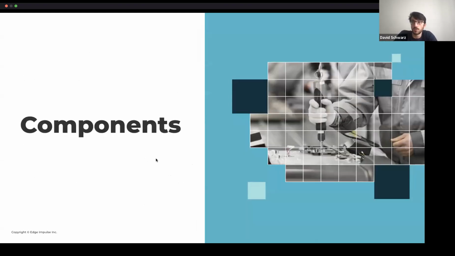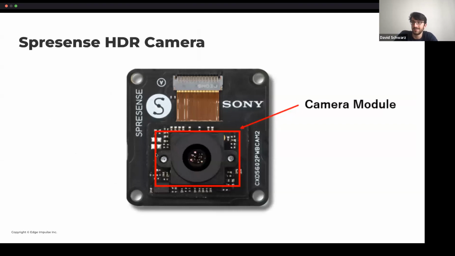So just to go into the specific components, not in too much detail, but just to get an idea of what we're working with here. For the camera, we're using the new HDR camera module for the Sony Spresense, especially compared to a lot of off-the-shelf CSI2 and MIPI cameras.